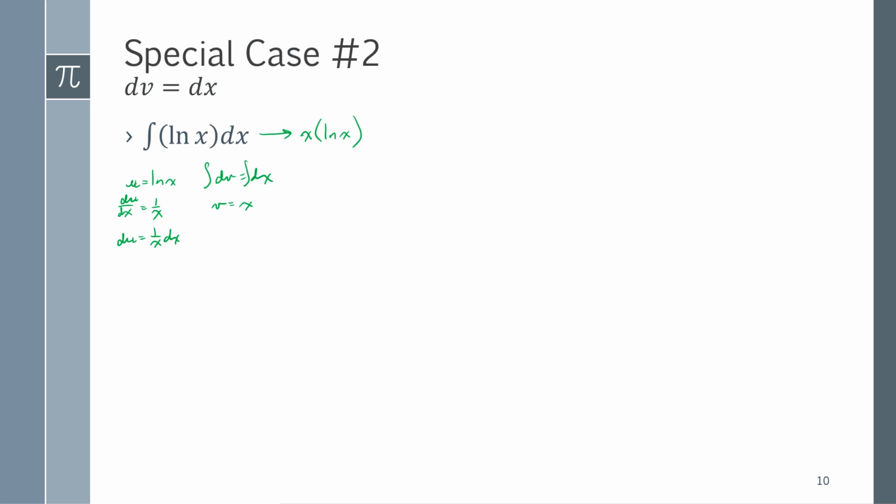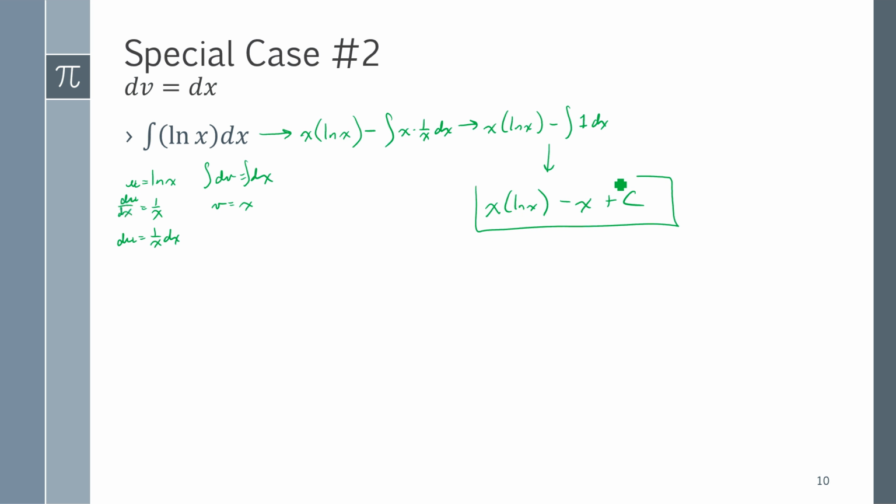I don't need the absolute values around the natural log because they didn't tell me I needed them, so we're assuming that x is a positive value. Minus the integral of v du. Notice the x and the 1 over x cancel each other, so I have x times the natural log of x, minus the integral of 1 dx, which gives me x times the natural log of x, minus x plus c. And there is our second special case.